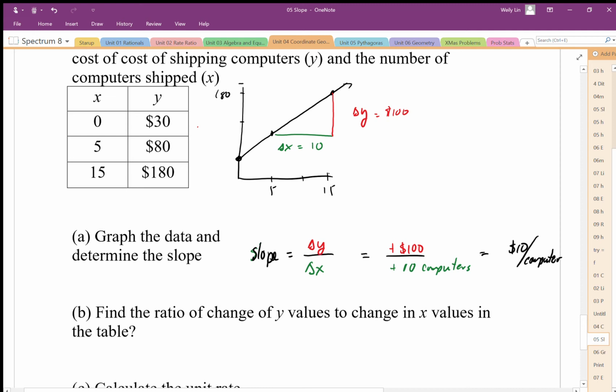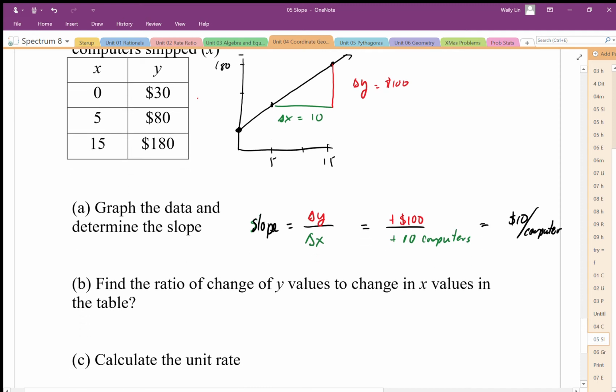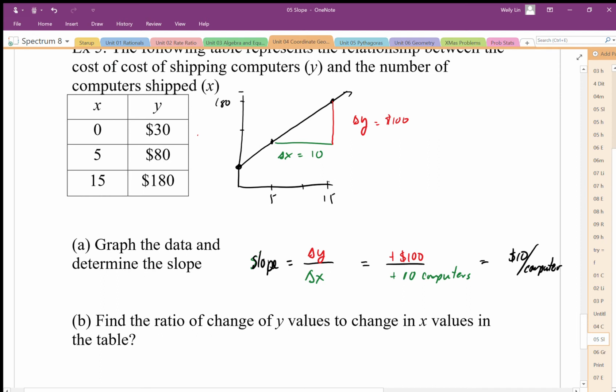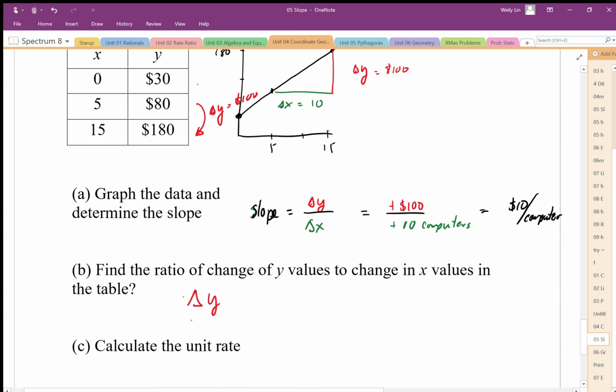Okay. What's the ratio of changes in y values to x values? Well, the change in y on the table I could show like this on the outside. So the change in y is going to be $100, and the change in x is going to be plus 10 computers.